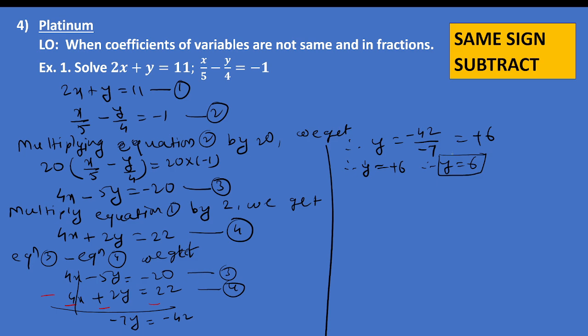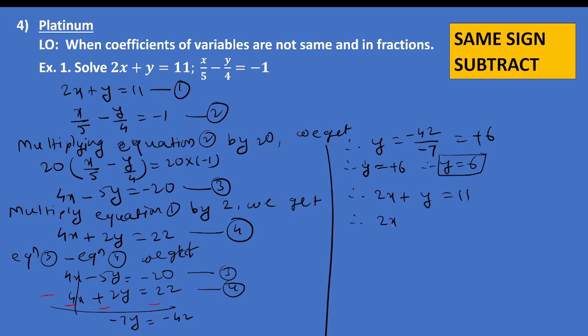Therefore we are going to put this value in equation number 1, which is 2x plus y equals 11.